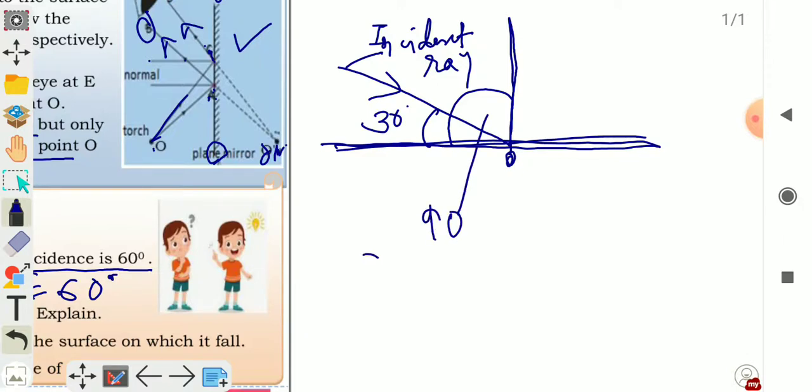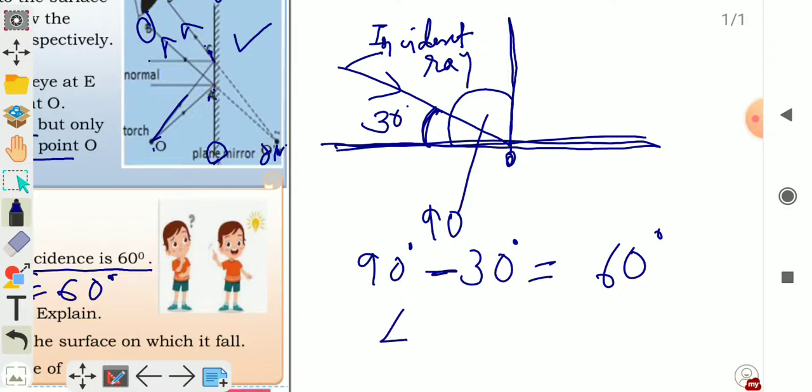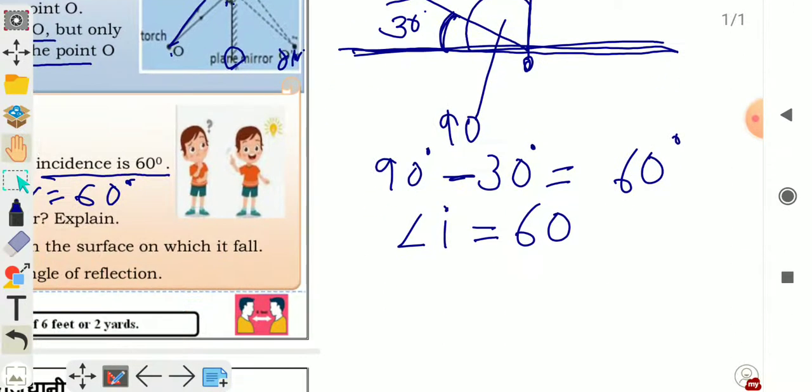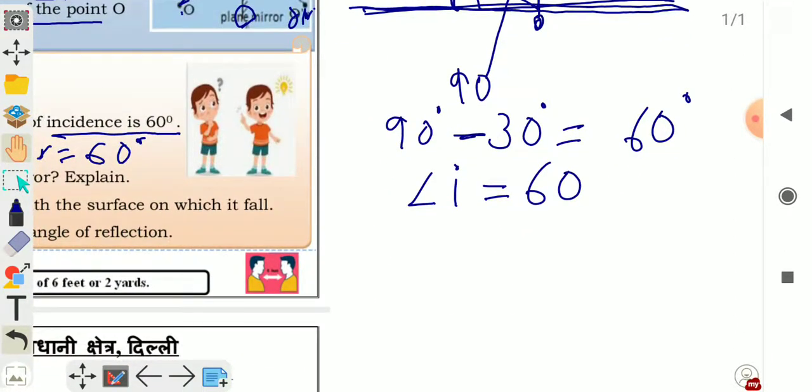So angle of incidence will be 90 degree minus this 30 degree. 90 minus 30 is equal to 60 degree. So the value of angle I will be 60 degree, and you know the angle of incidence is always equal to the angle of reflection. So the value of angle R will also be 60 degree.